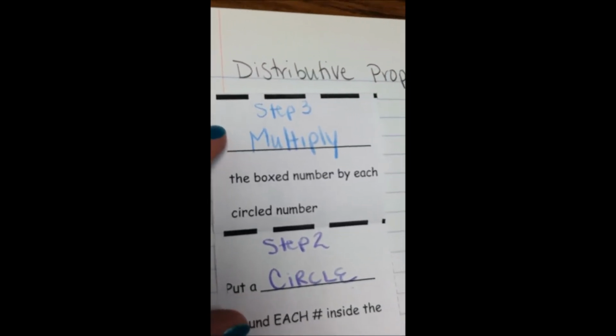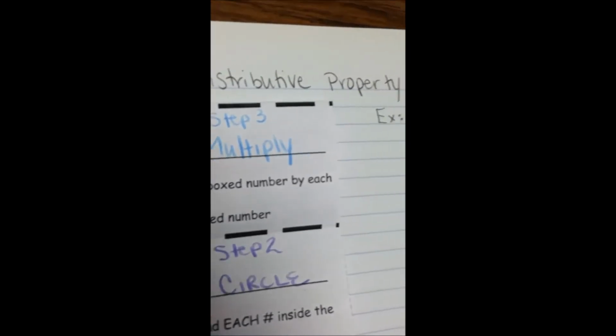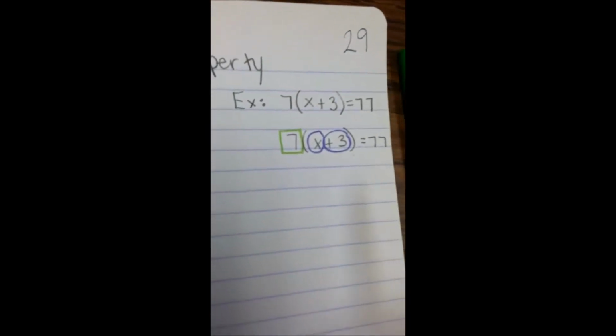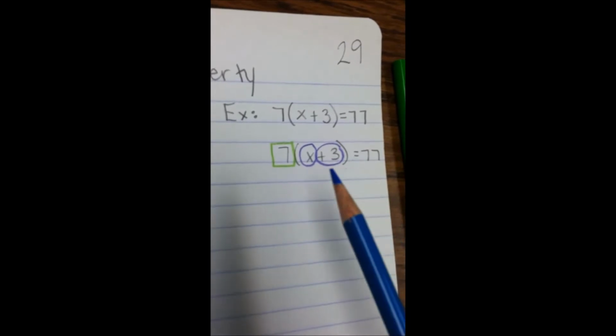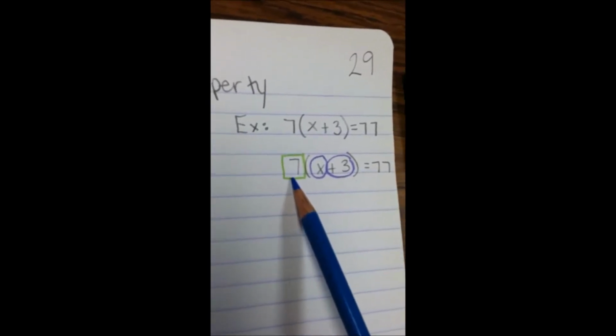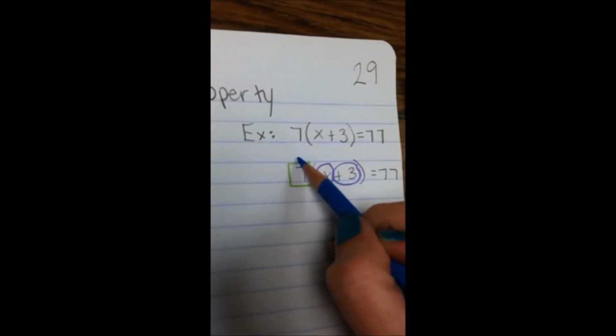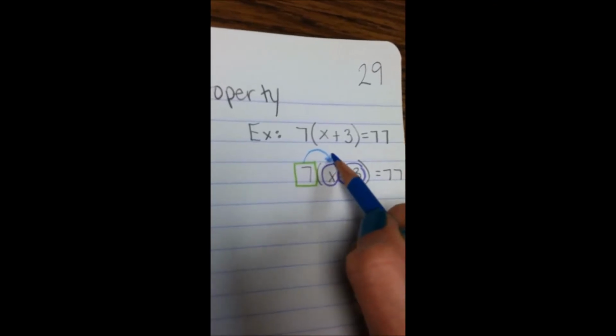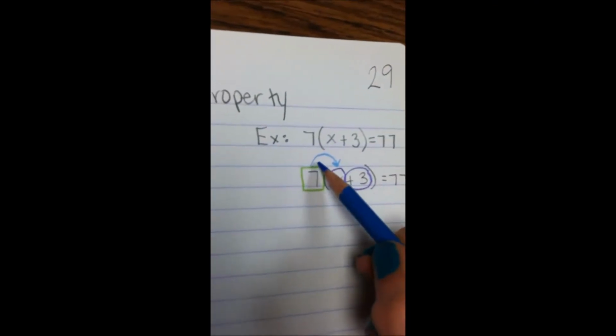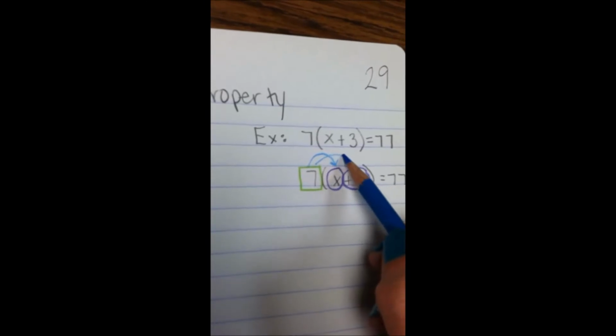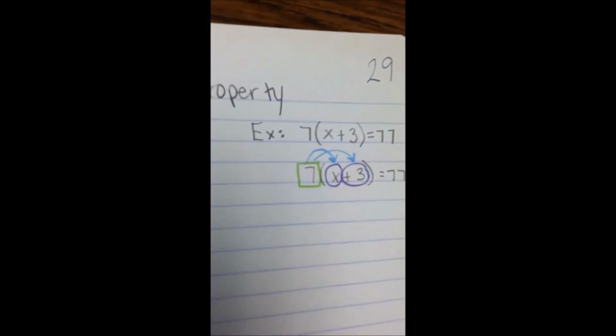Okay, here's what that means. We're going to go back to our example and multiply the 7 that's in our box by the x. But we're also going to take the 7 and multiply it by the positive 3.